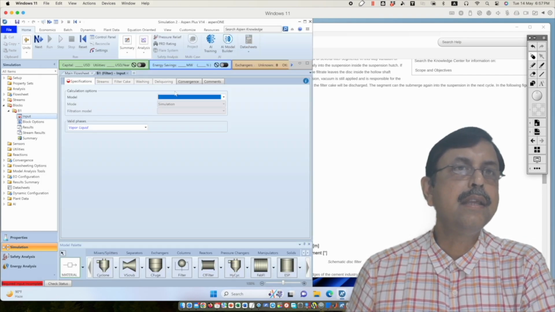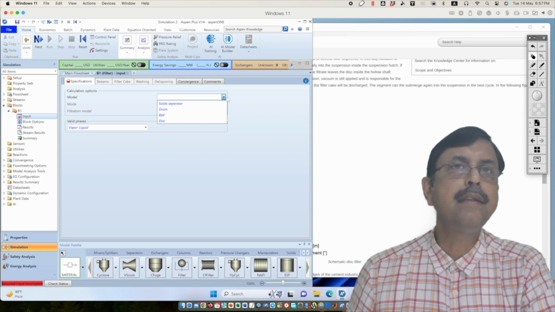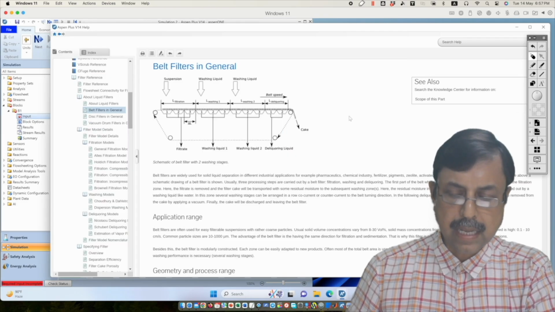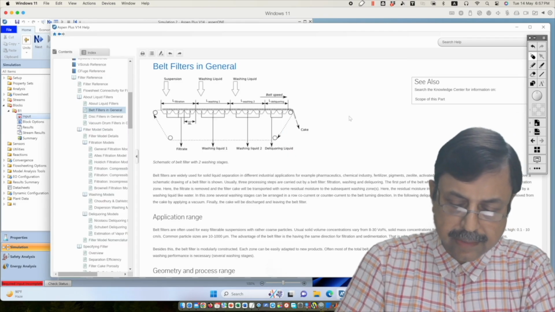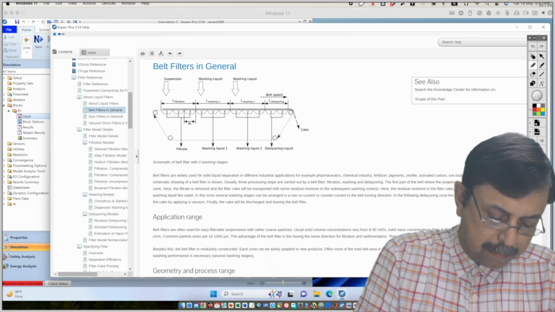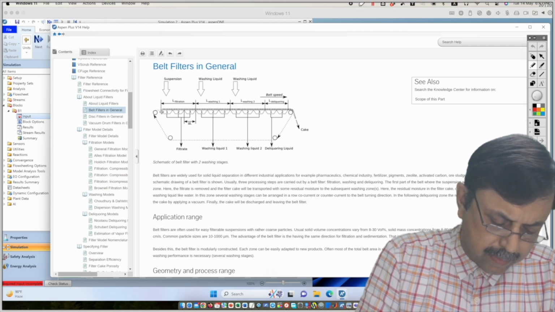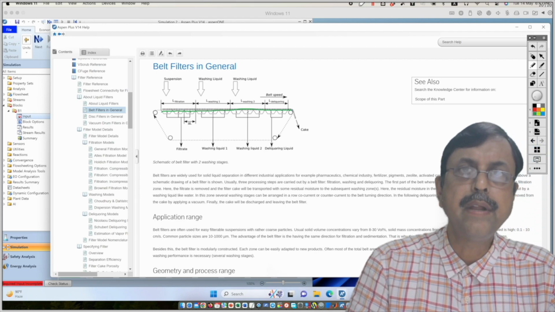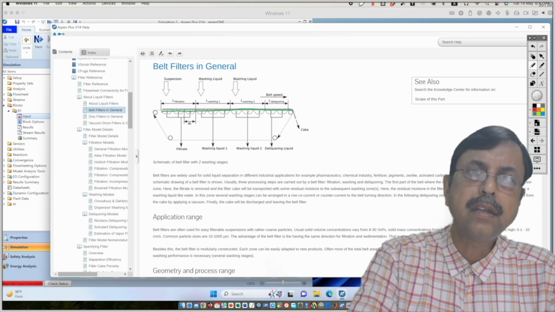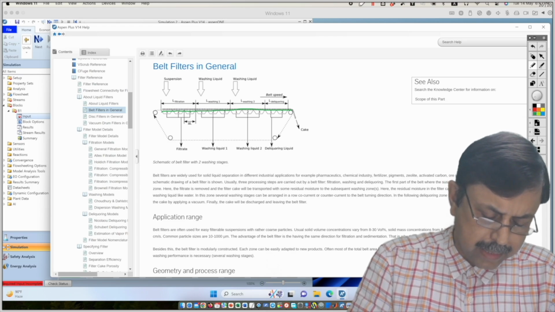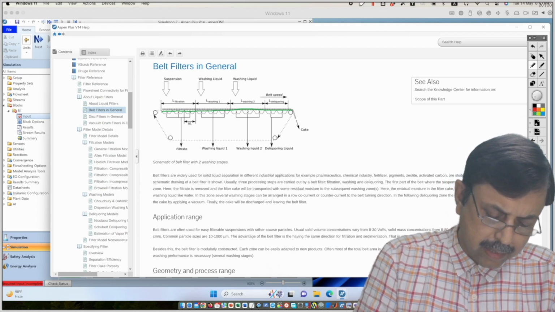And the third one is the belt type filter. Now the belt type filter, as the name suggests, you will find a belt over here, and this belt is perforated, and the filter cloth will also be there on the belt. The belt will move like this.